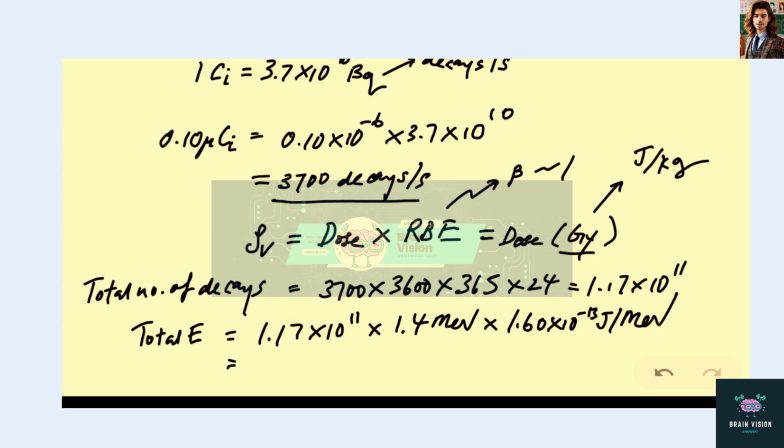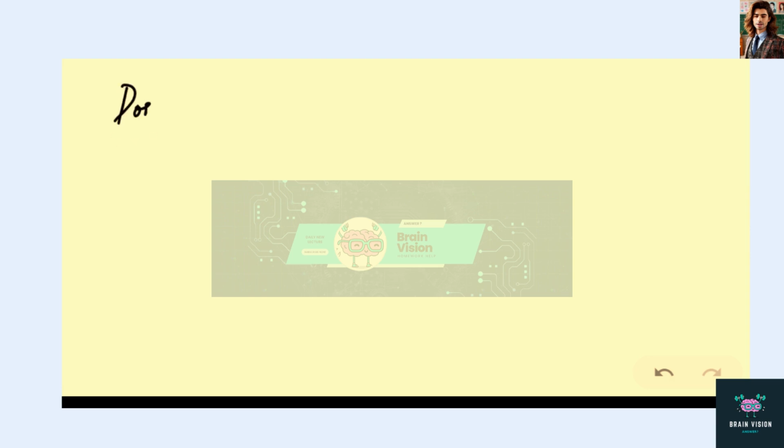Should get a value of 0.02613 joules. Right. Next, to get our dose, we take the energy divided by the mass of our person, which we are told to assume to be 65 kilograms.